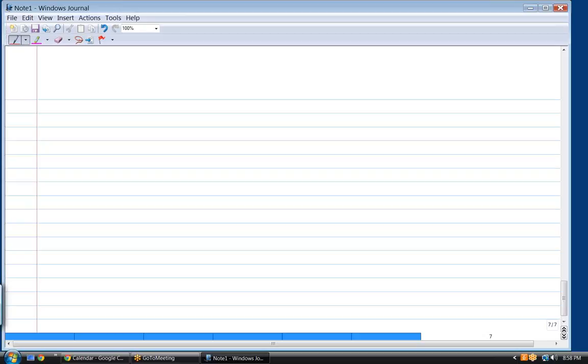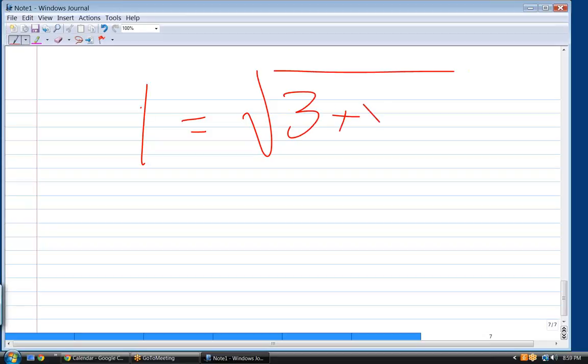Okay. Do you have time for another problem? All right. Let's see here. So here's one. We have 1 equals the square root of 3 plus x, and then separate from that radical, there's a minus another radical x.